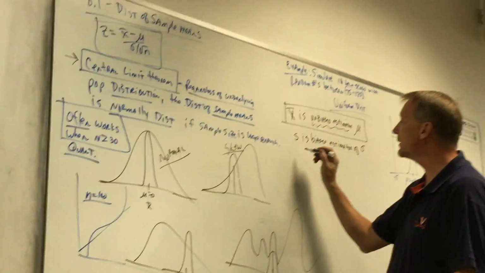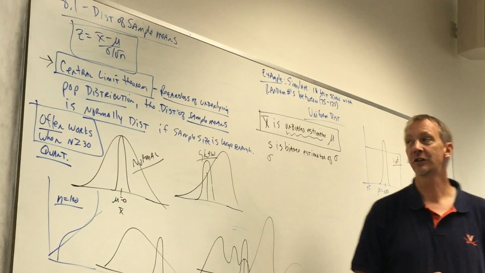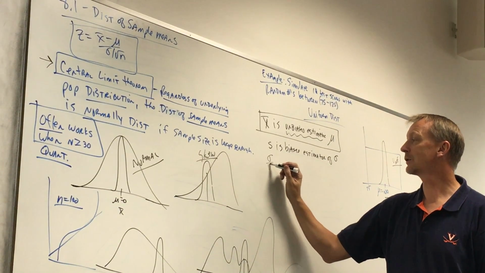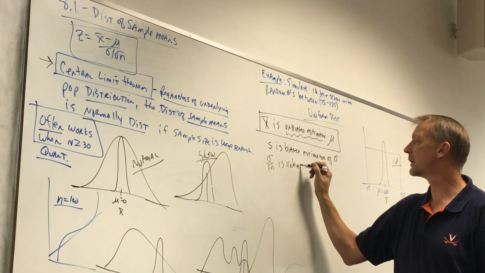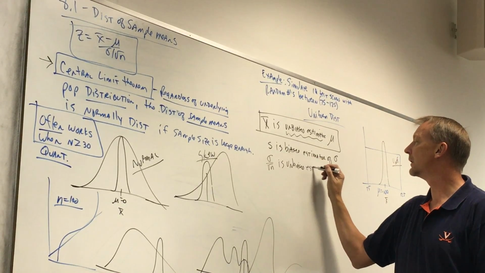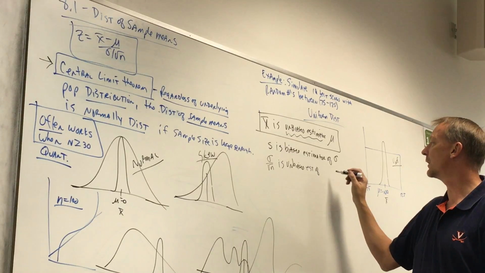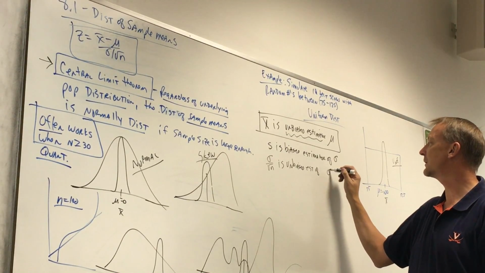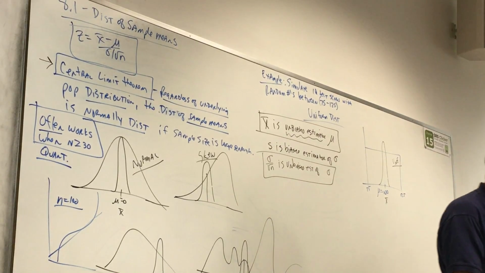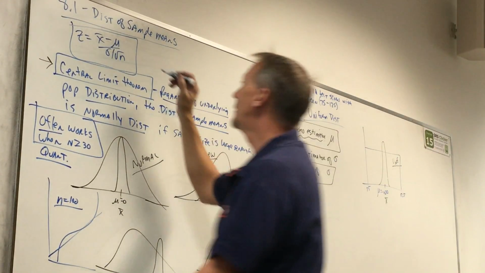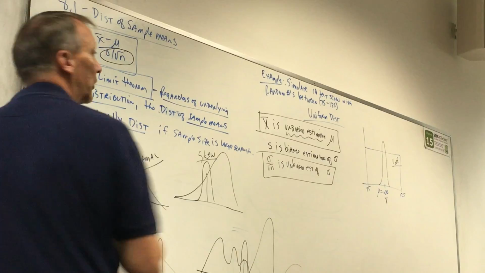So the relationship turns out to be, if you take the population standard deviation and divide that by the square root of n, that becomes an unbiased estimator of your standard deviation of your sample means, okay? And so that's why we have this in your formula.